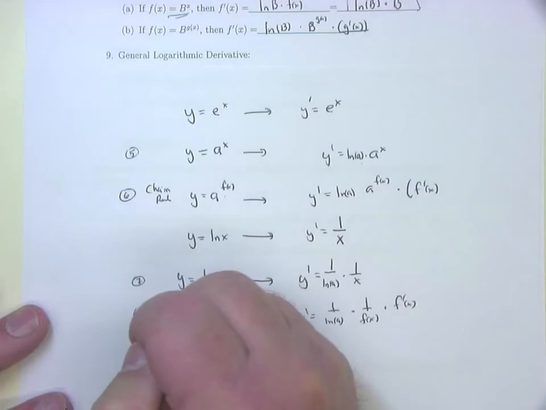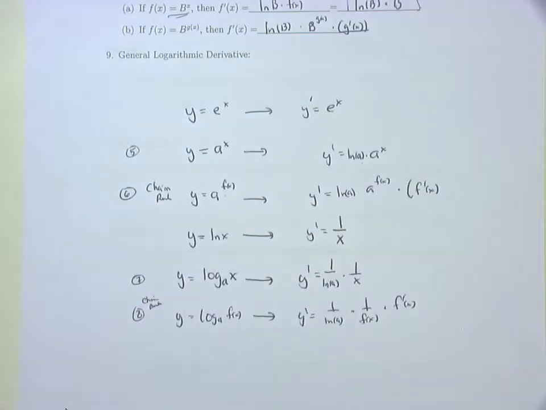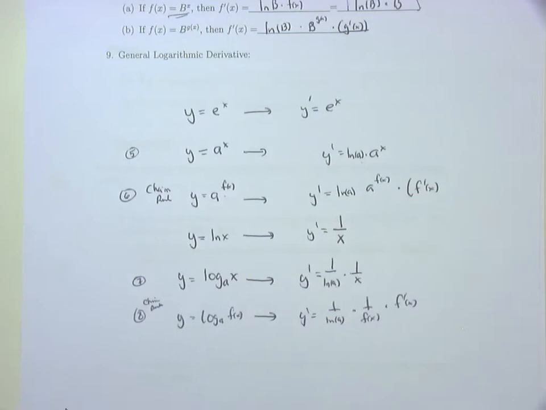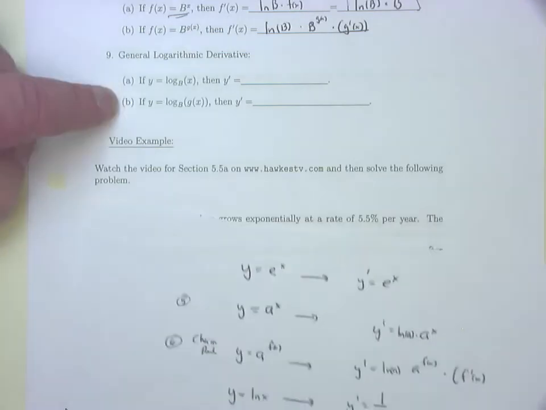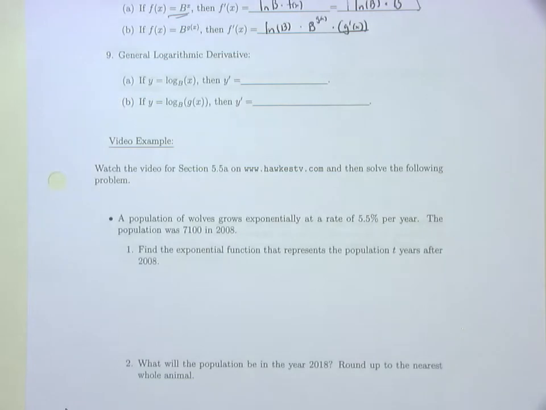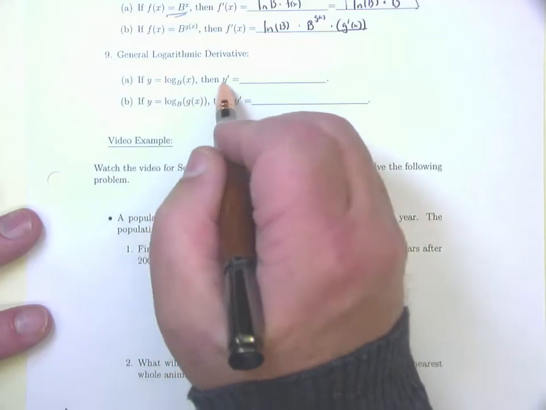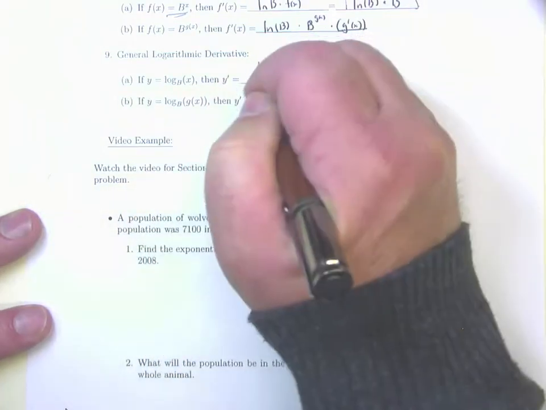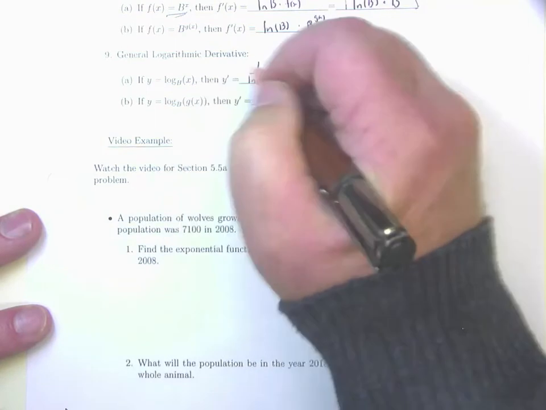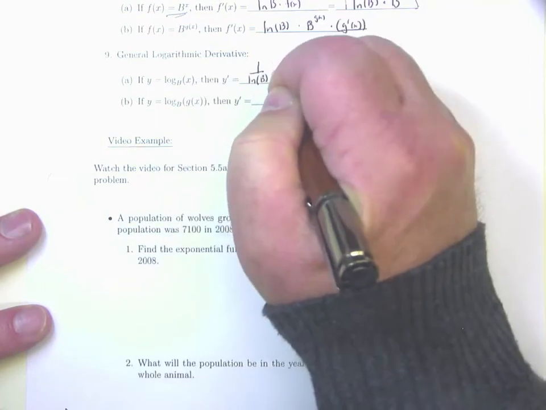So every rule, there's the rule, and then there's the chain rule version of that rule. So that being said, they wrote it up with the log base b, so we get to write this thing up again. It says this: if y equals the log base b of x, then y prime is going to be 1 over the natural log of b, the base on this one, times 1 over x.